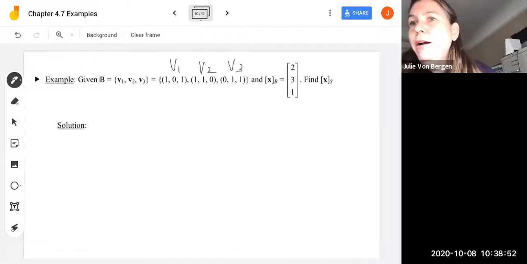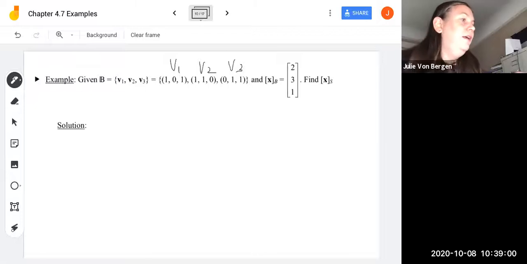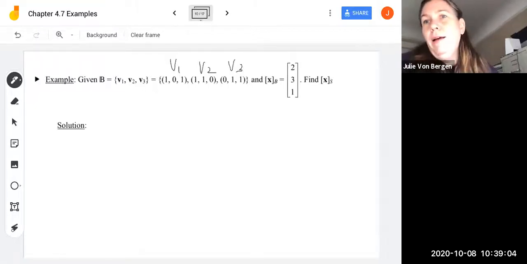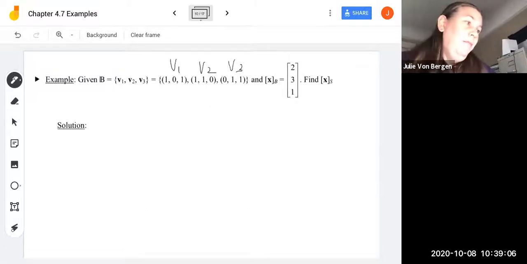And then our starting column matrix is 2, 3, 1, and that's in basis B. And then we want to find XS, which is the corresponding column matrix for the standard basis, so we're going to the standard basis, 1, 0, 0, 0, 1, 0, 0, 0, 1.